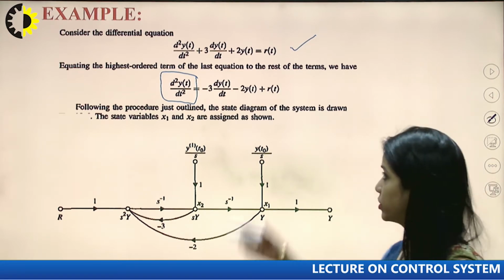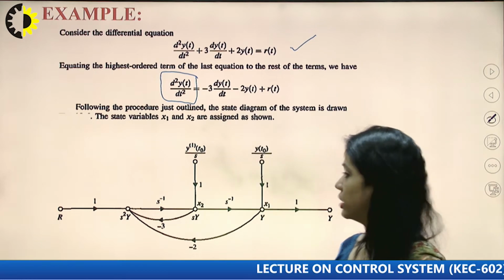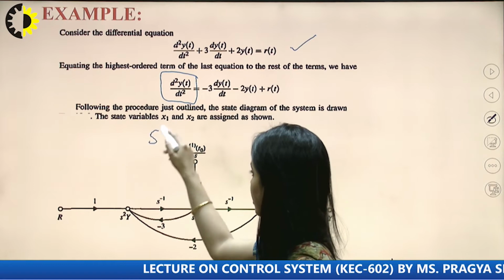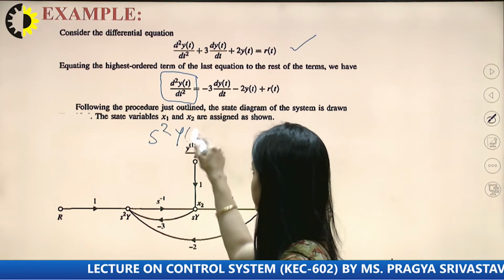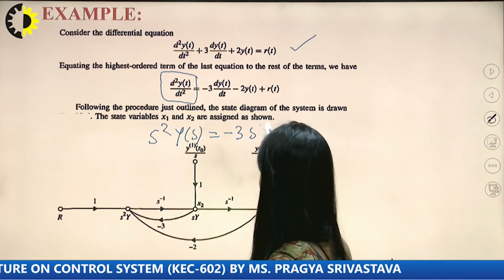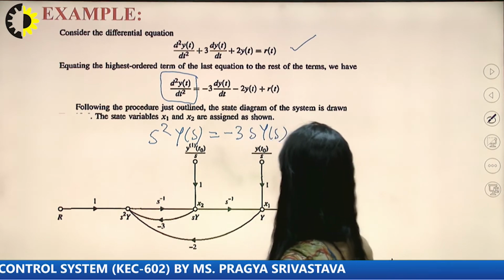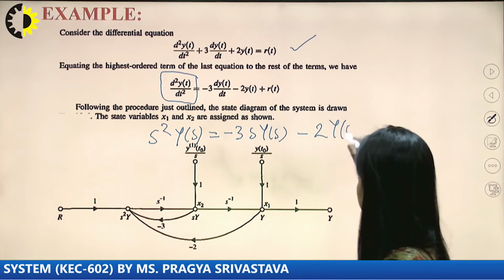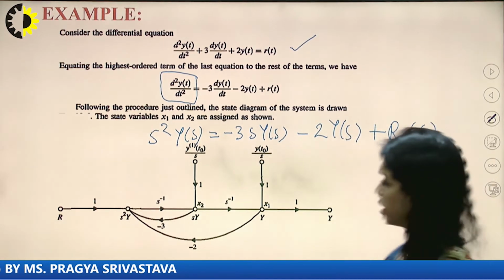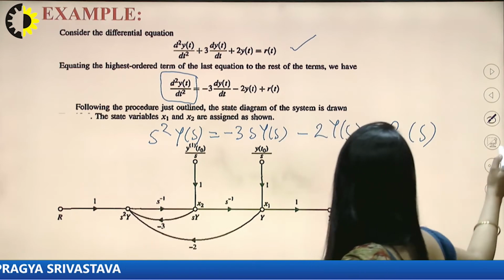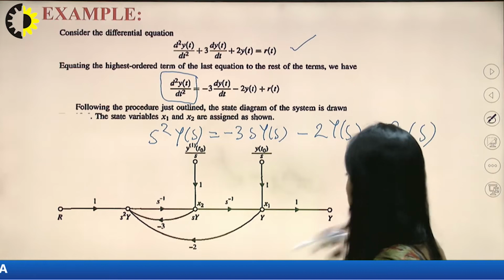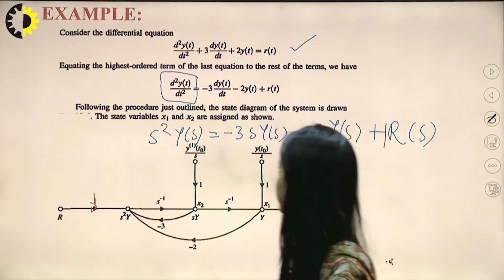And then from here we'll convert it into S domain and we'll write it as s raised to the power 2 Y of s equals minus 3 s Y of s minus 2 Y of s plus R of s. So R of s is just multiplied with the term 1. Why? Because here we have 1. So this is multiplied with 1.